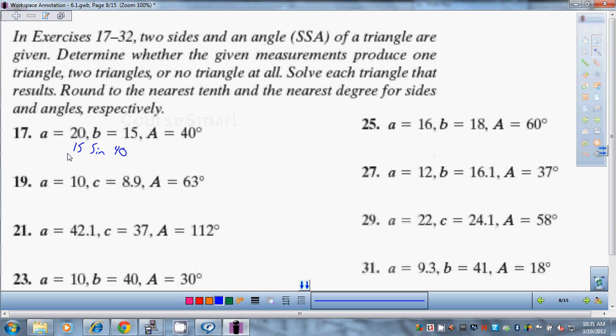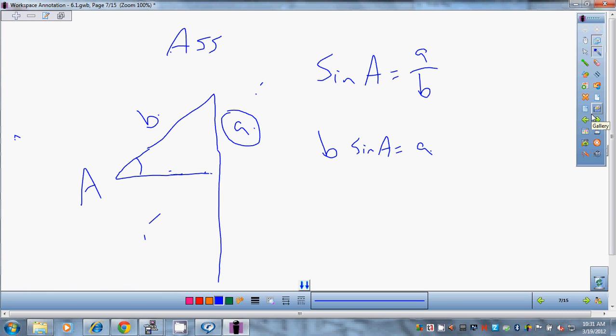This is bigger than that, meaning it's greater than the minimum possible distance, which means it could be two triangles. Let me go back to my drawing. When it's bigger than that side by just a little bit, you can have one triangle here or another triangle here, depending on which way this thing's swung.